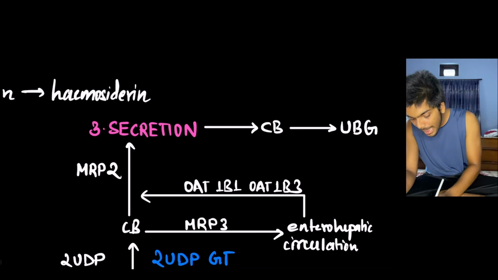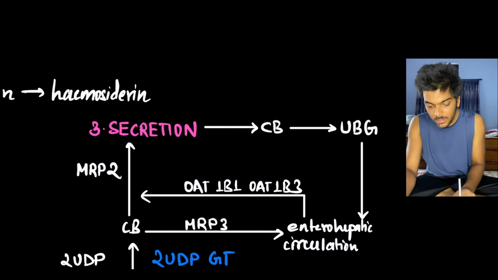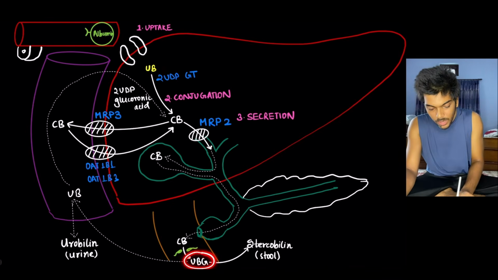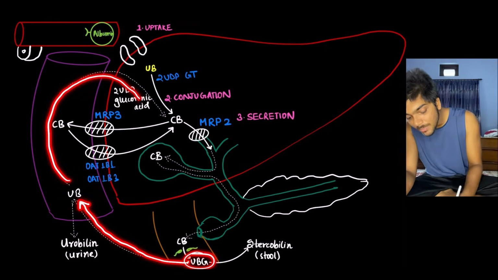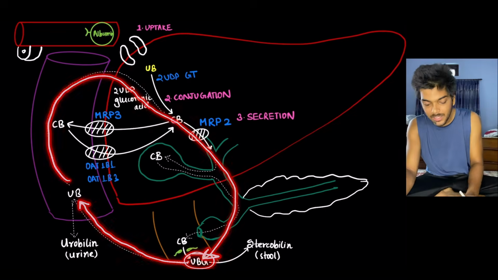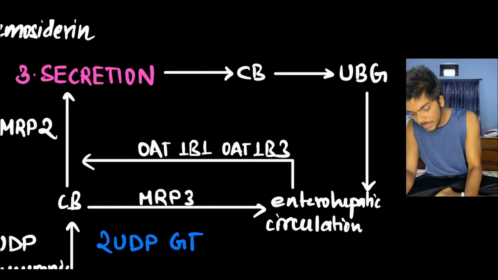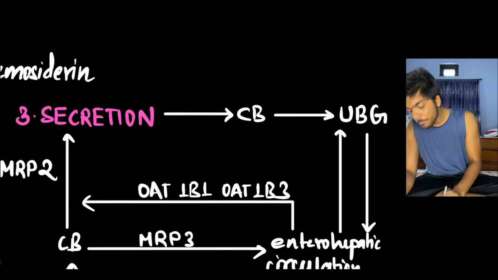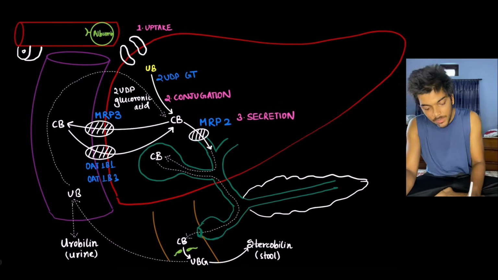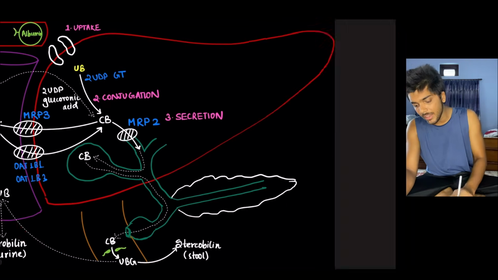Now urobilinogen has 3 fates. Number 1, go back into enterohepatic circulation. See, urobilinogen in the duodenum can go back into enterohepatic circulation, and then returns back. But not all of it returns back. Does all of it return back? No, some of it enters the systemic circulation and reaches the kidney.